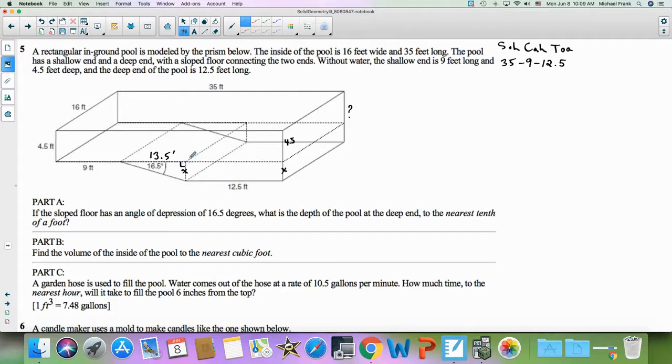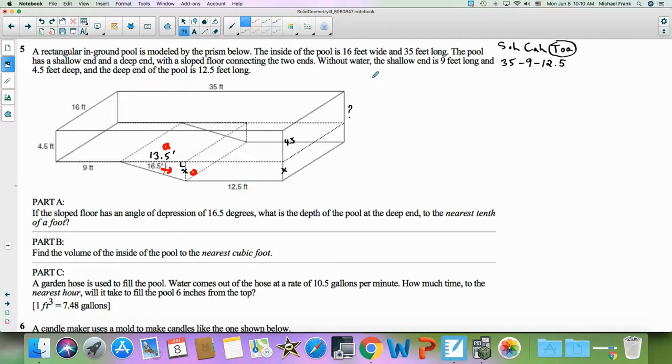And I'm going to go through my SOHCAHTOA. Now, this X right here, remember, bow and arrow? It's going to be my O. And this is the hypotenuse down here. I don't need that. So this right here is going to be my A. So it's an O and an A, which means it's going to be a TOA problem.